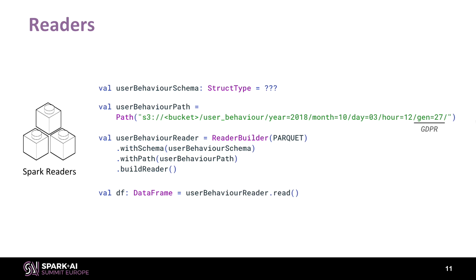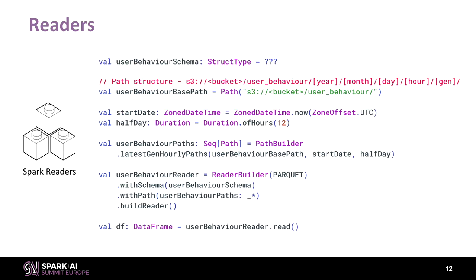Then imagine that we have a read builder where we just specify the format, the schema, and the path, and then we just read. If we iterate over here, let's focus on the path. Instead of hard coding the whole path, I just want to provide the base path, which is user behavior data. Then I say the starting date is now, and I want 12 hours of data, the previous 12 hours.